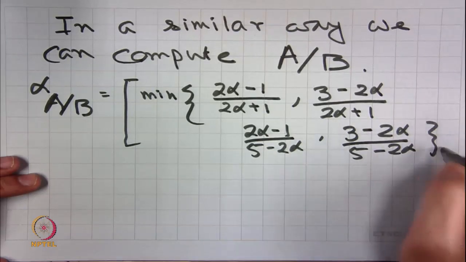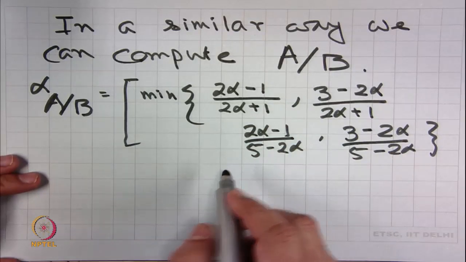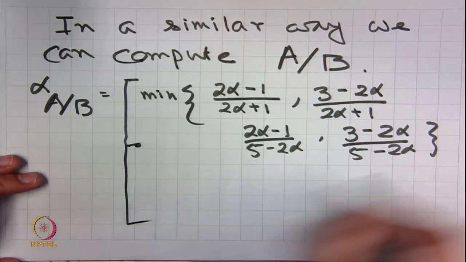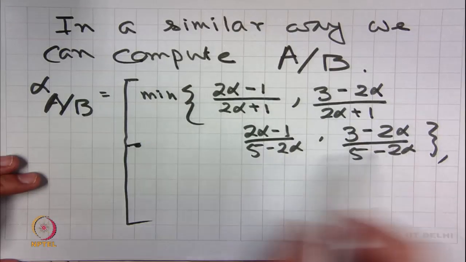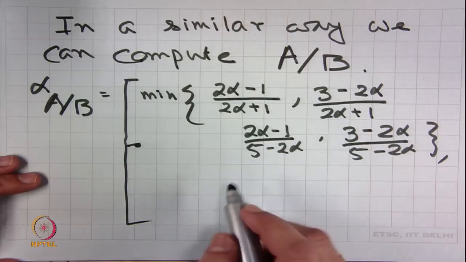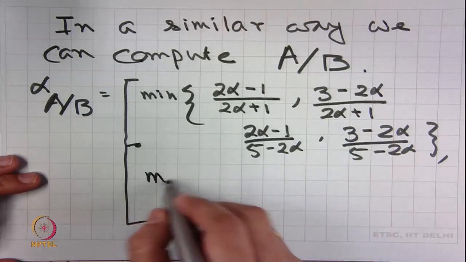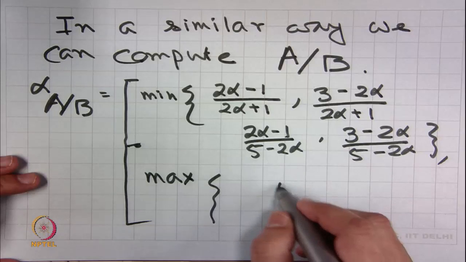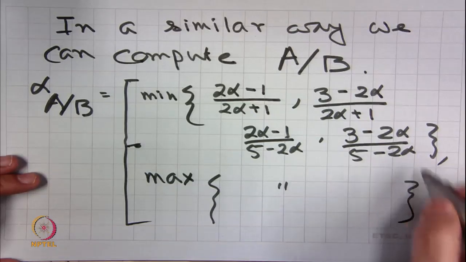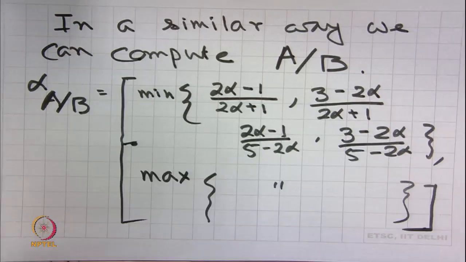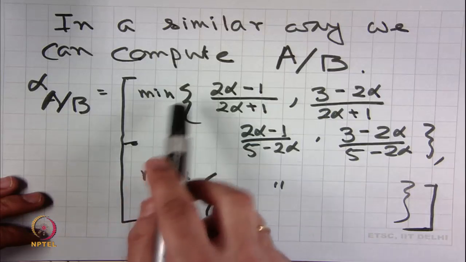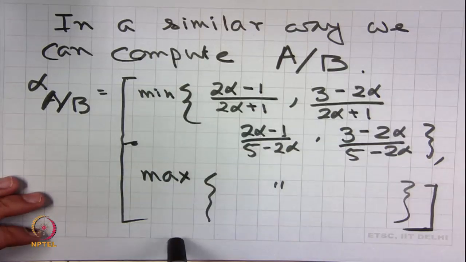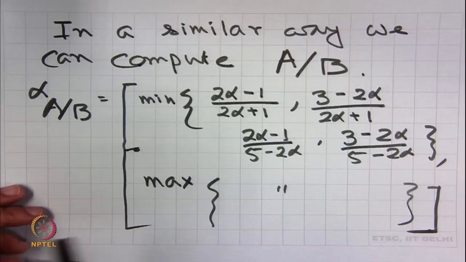So, we have to compute these 4 quantities, and then depending upon the value of alpha, we have to see in which range which of the expressions is minimum, and the upper bound is going to be the maximum of the same 4 quantities, and thus we get a closed interval running for different values of alpha, from the minimum of this to the maximum of the same 4 elements.